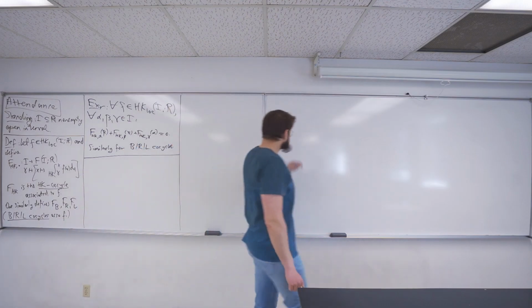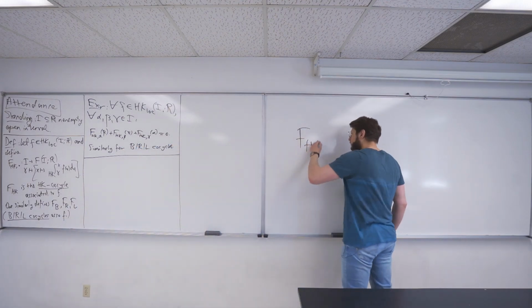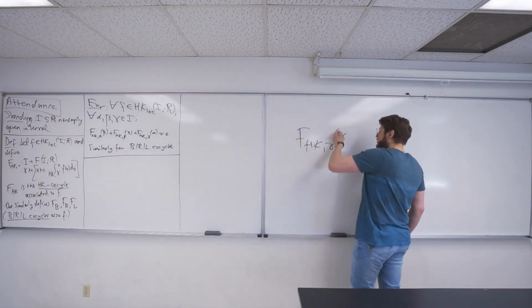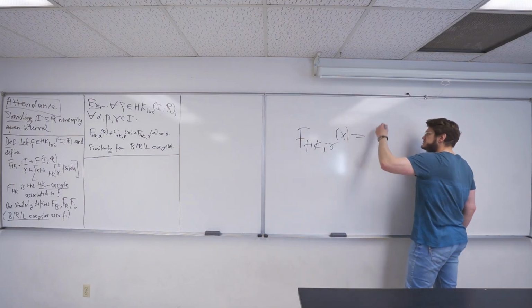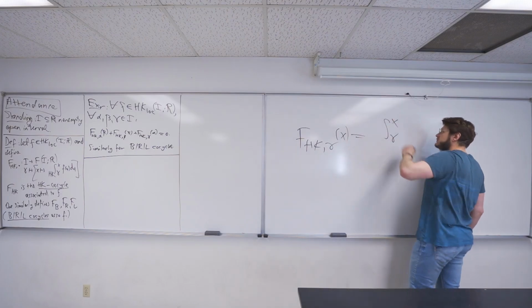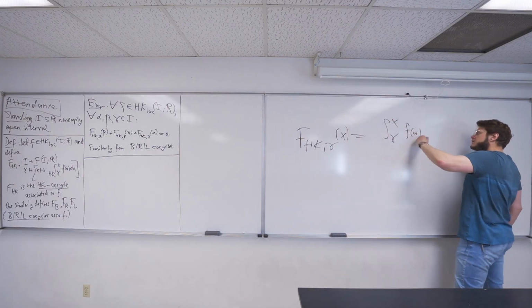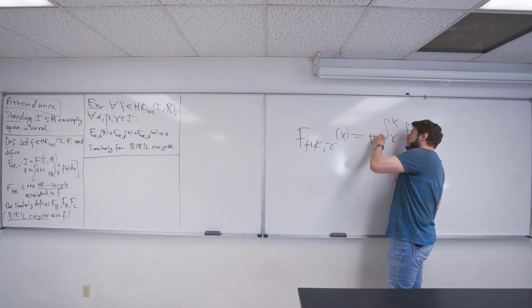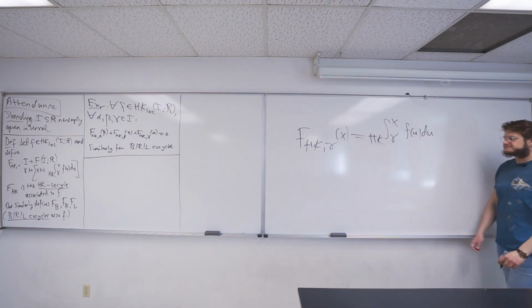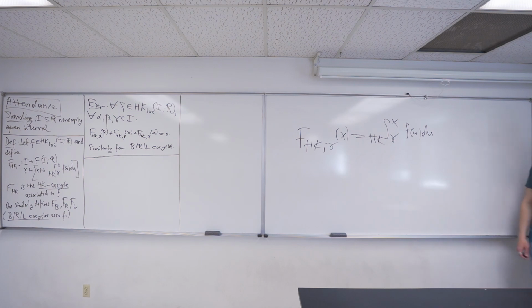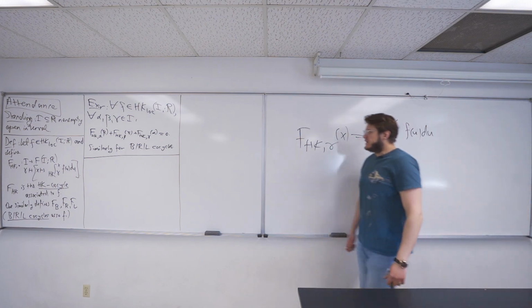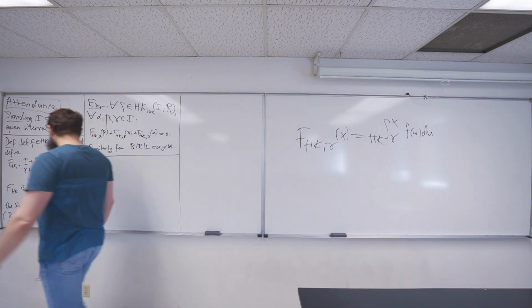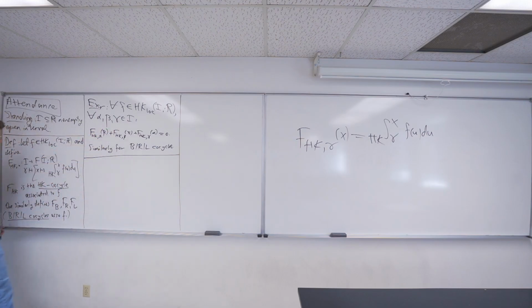OK, so like this. This just means integrate f from gamma to x according to HK. Okay, and I'm calling this the HK cocycle, ultimately because of this exercise.